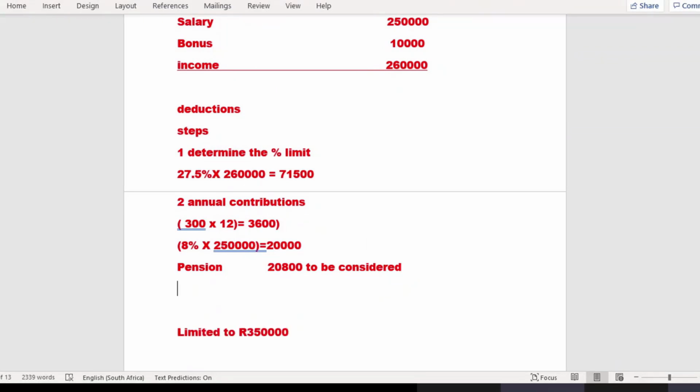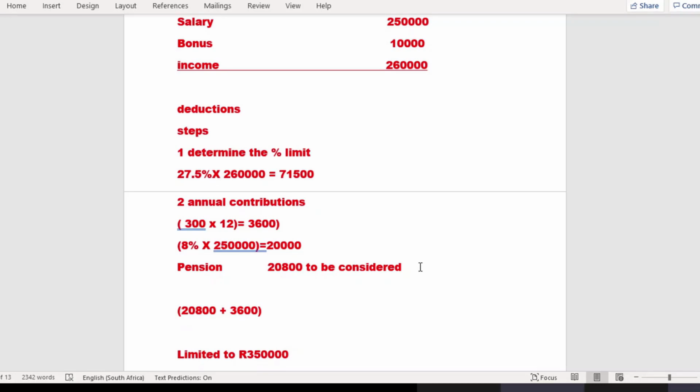Remember, these are the total annual contributions, and it's actually the lesser in terms of 71,500 Rand and 350,000 Rand. So you say 20,800, and then you add 3.6.